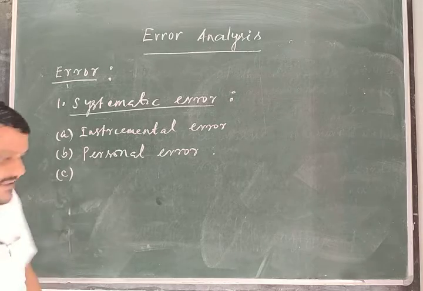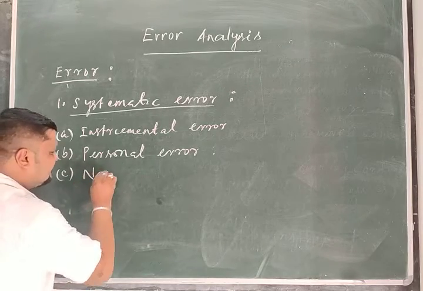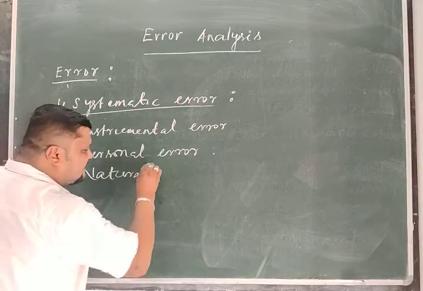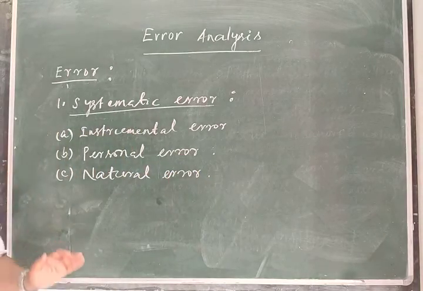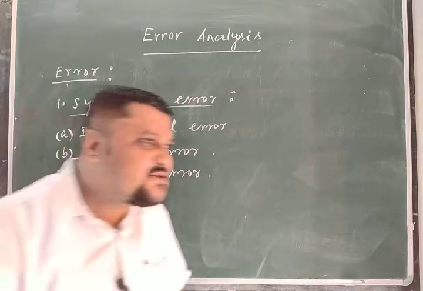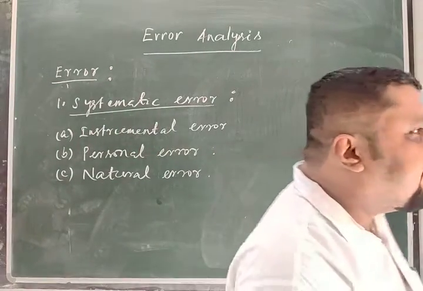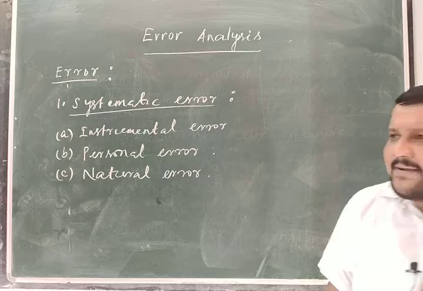Then another one is natural errors. This is also a systematic error. This natural error means what? This error is because of natural conditions like temperature, pressure, and so on.